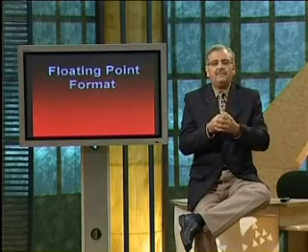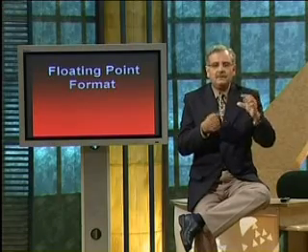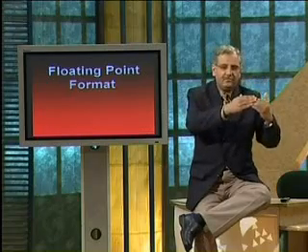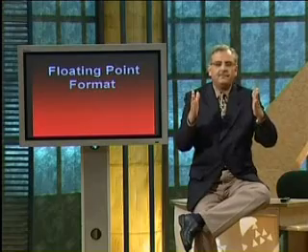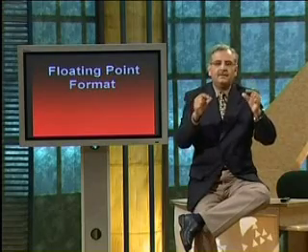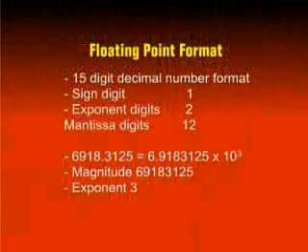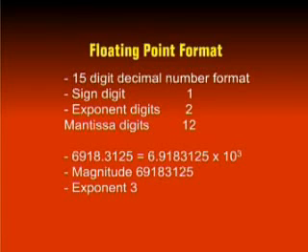Now, let us have a look at an example of a decimal number which has an integer part and a fraction part, and let us represent it using this 15-digit decimal floating point representation. The 15-digit decimal floating point representation has its most significant digit representing the sign digit.